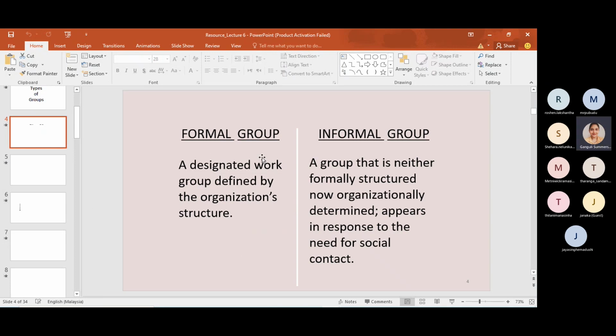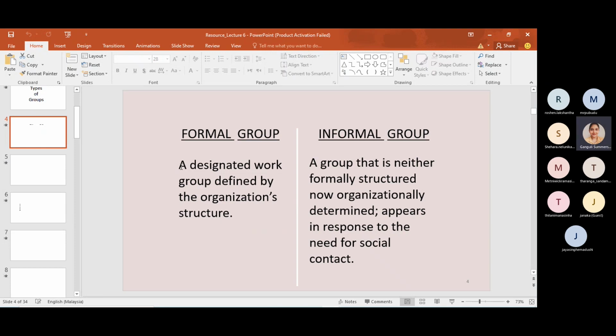Let's look at the definition of formal groups. A formal group is a designated work group defined by the organization's structure. A formal group is a group which is formed by the organization.